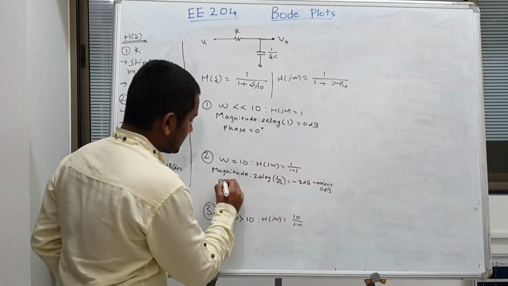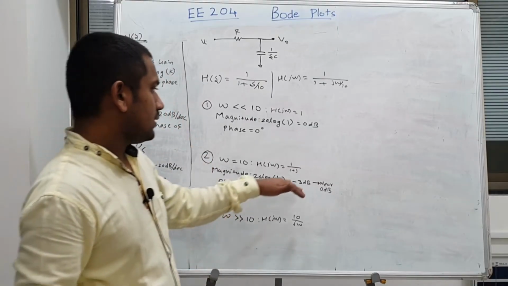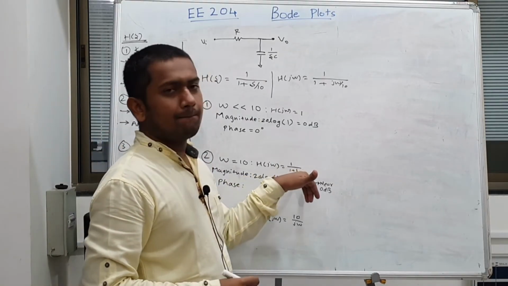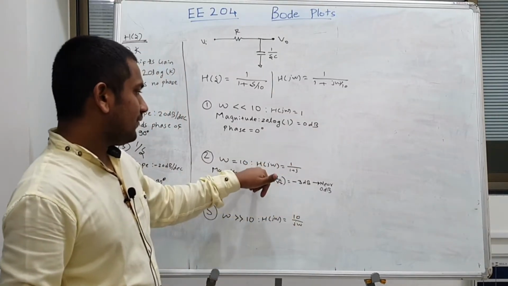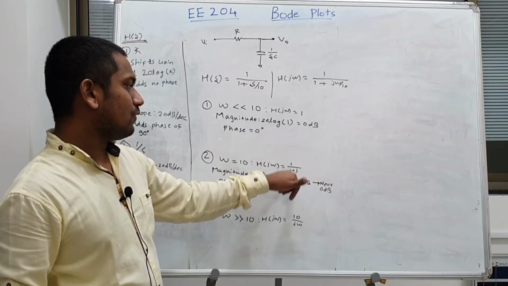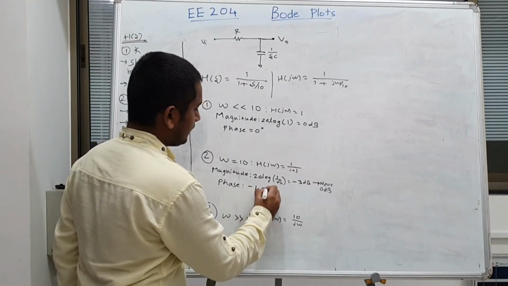Now let's look at phase. We can use the tan inverse formula and check that the phase of H(jω) for 1/(1 + jω) is minus 45 degrees.